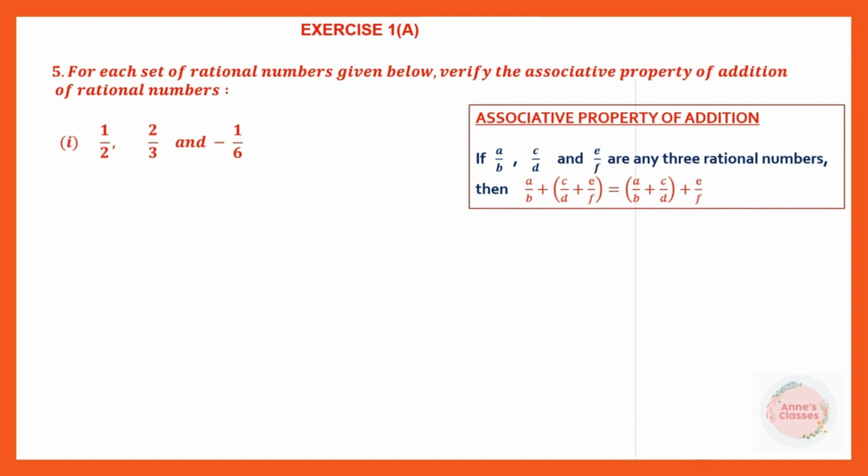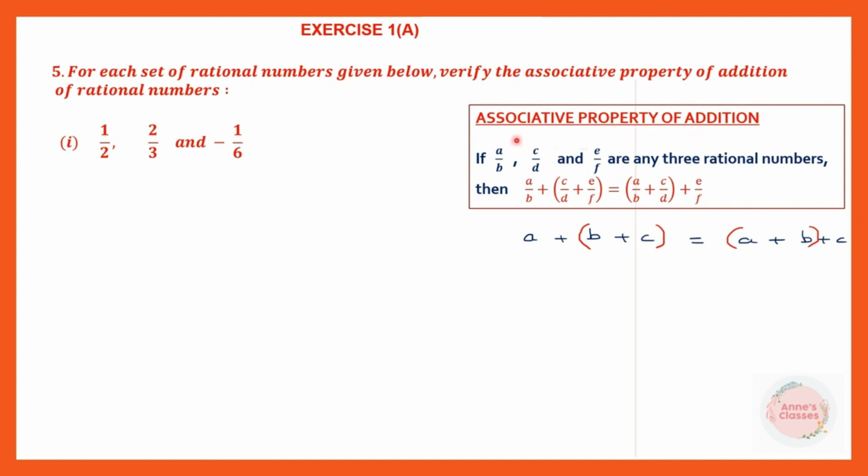Suppose I take simple terms like A plus B plus C. Even if my grouping is different, that is, if I group it as A plus the sum of B and C, or the sum of A and B plus C, my answer is still going to be equal to each other. So this is called the associative property of addition.